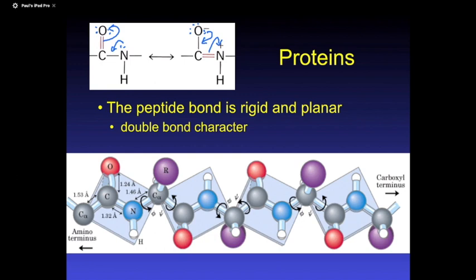And so the electrons are resonating back and forth between those bonds. Now, that has a consequence.